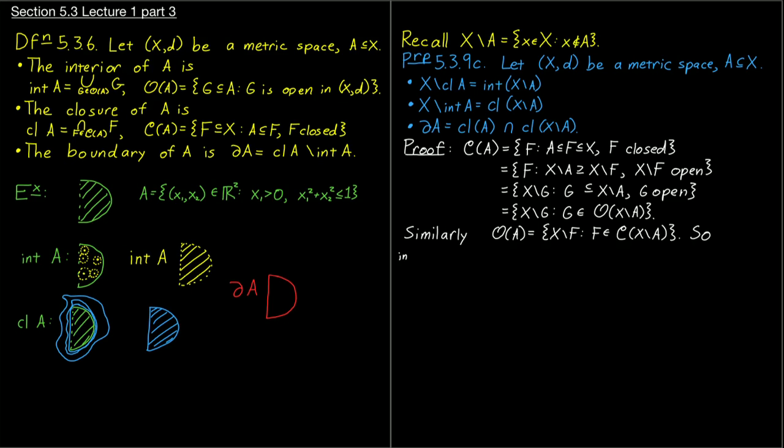So the interior of X minus A, that's the union of all open subsets of X minus A. That's the union of all the X minus F's such that F is in C of A. And if you remember De Morgan's laws, when you use complements, it flips unions into intersections.